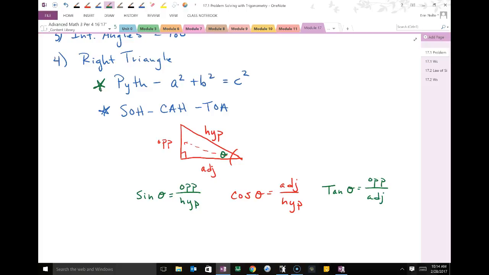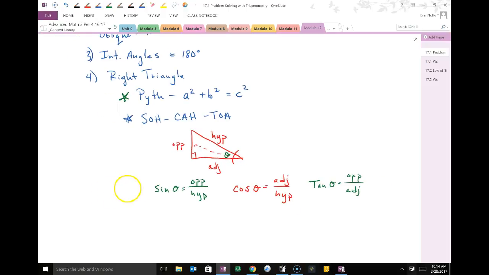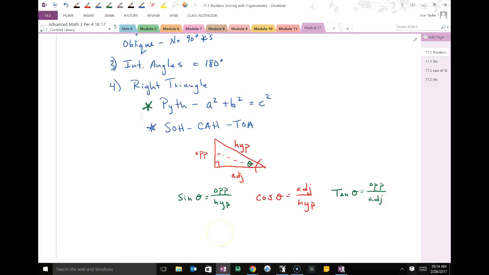All right, we'll do some examples of that here in a second. Can anybody else tell me something else you know about a triangle? Okay, maybe a little bit more complicated than that. How about any formulas that you know about triangles? Like the area.